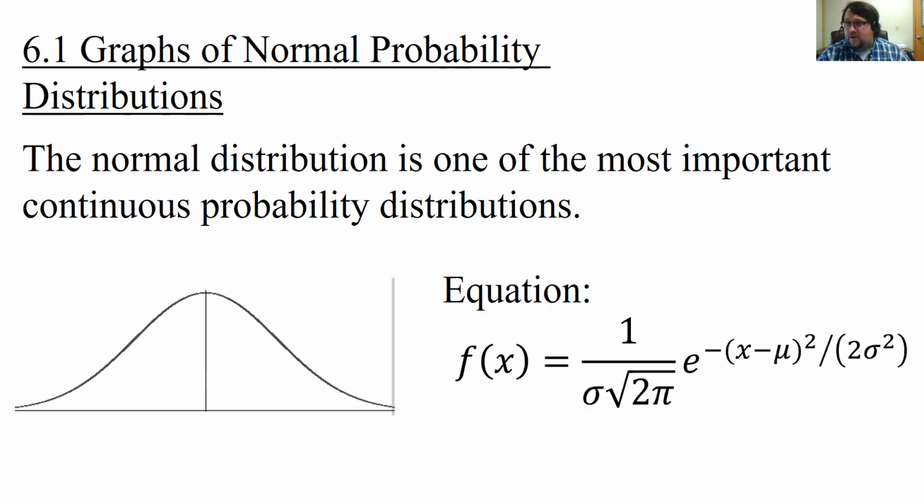Here is the equation for this, and you might recognize some of the symbols. Sigma, the standard deviation of the population; mu, the mean of the population we're looking at; there's pi, and there's e, the natural base or Euler's number. This formula we're never going to use in this course. Don't freak out.